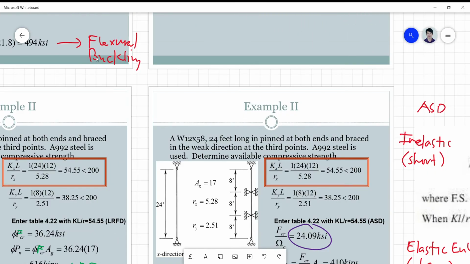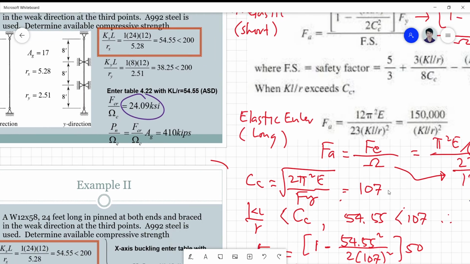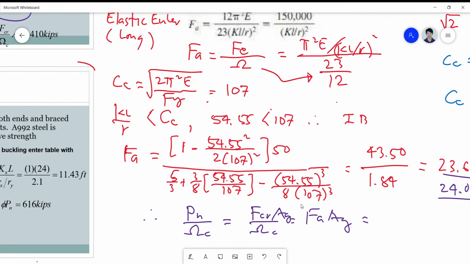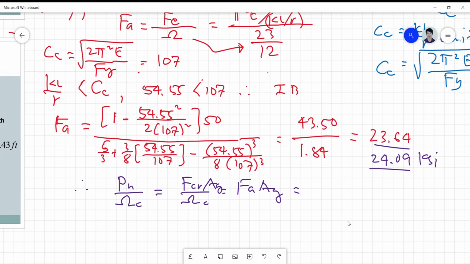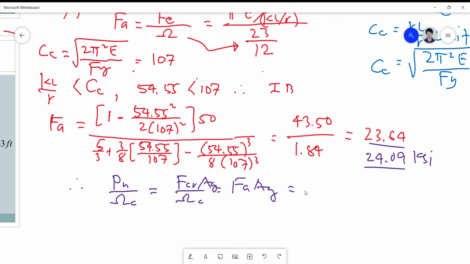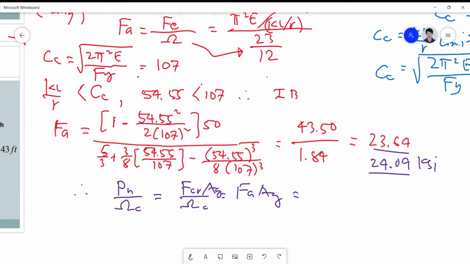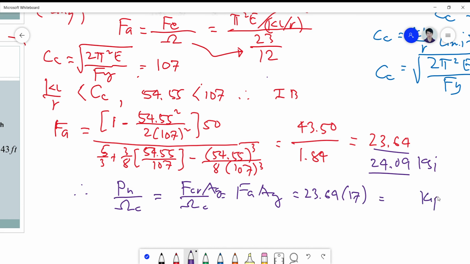So you just multiply 23.64 by 17. This is in ksi and square inches, so you get your answer in kips.